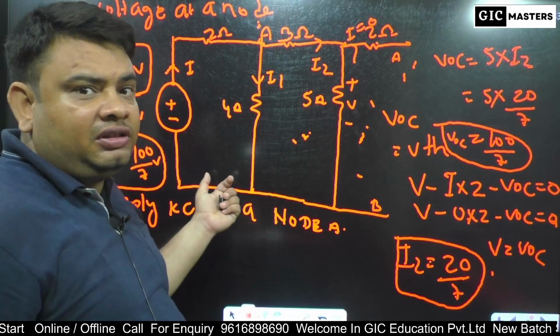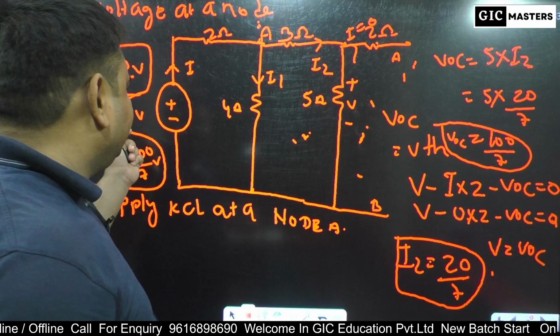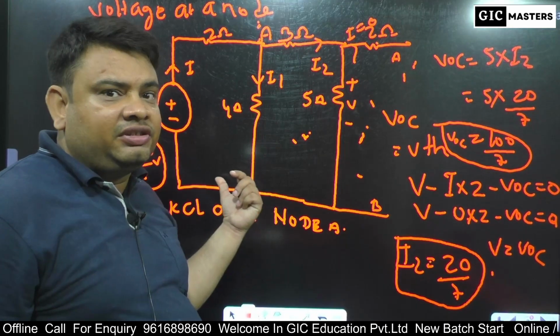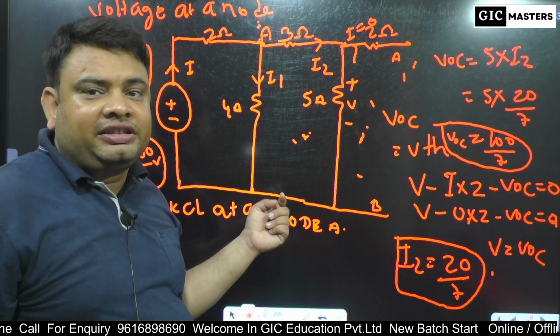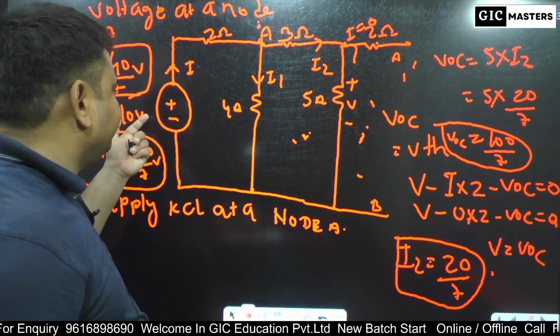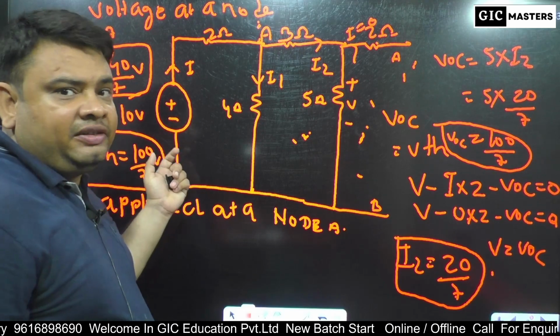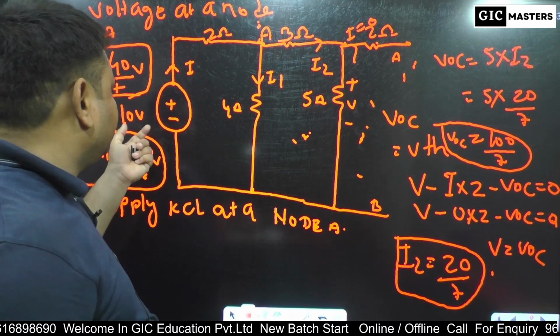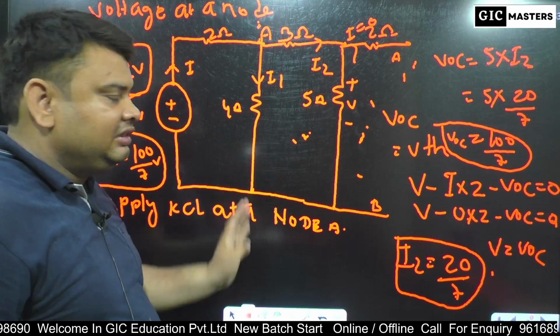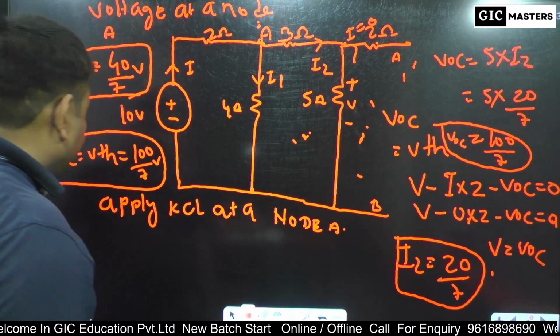Steps to find Thevenin's resistance: first, check which source is connected with the circuit, voltage source or current source. Here the voltage source is connected, so we first short circuit the voltage source, then we calculate Thevenin's resistance across AB.